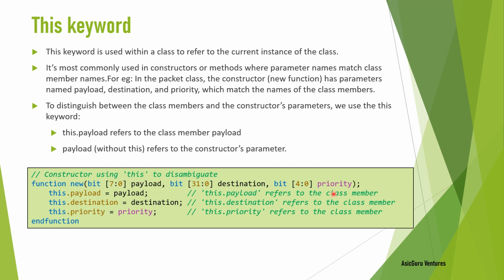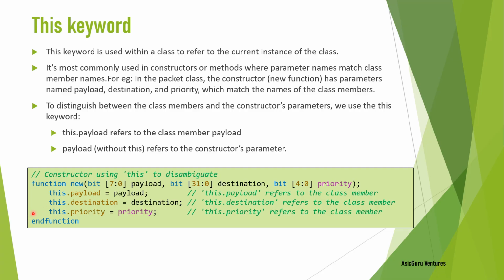But the class itself also has variables with the same names. So to avoid confusion, we use this.payload, this.destination, and this.priority to indicate that we are referring to the class members here and not the local arguments.